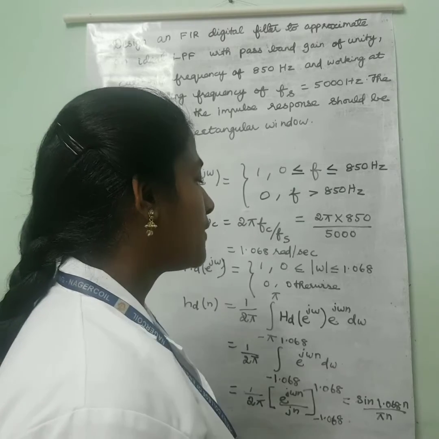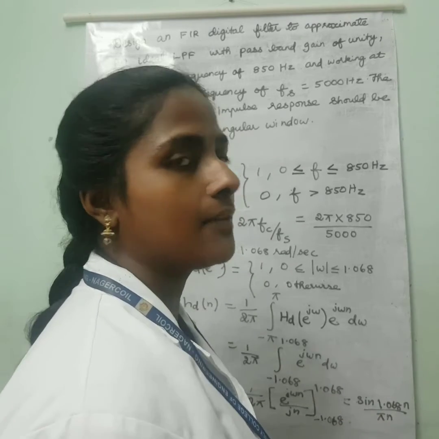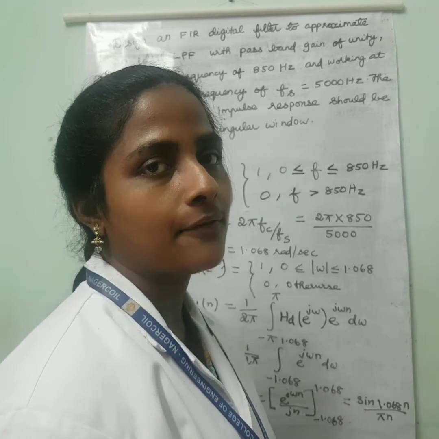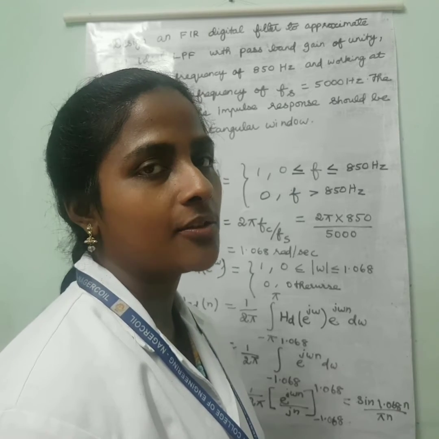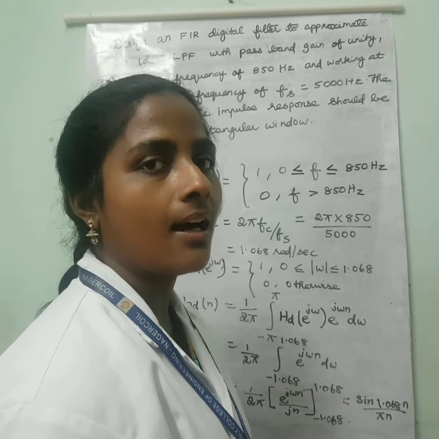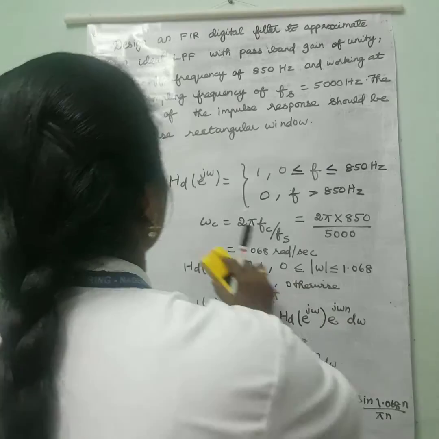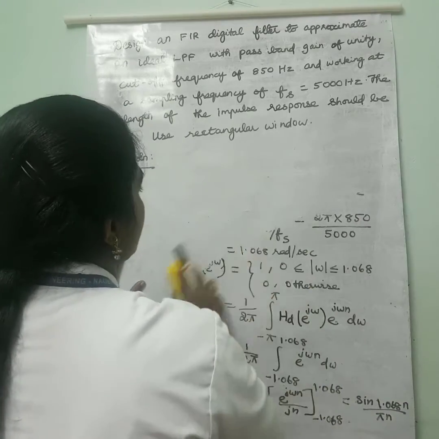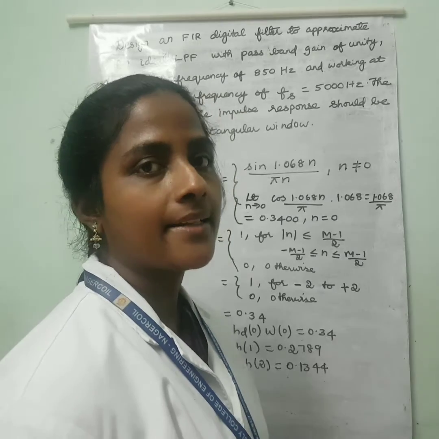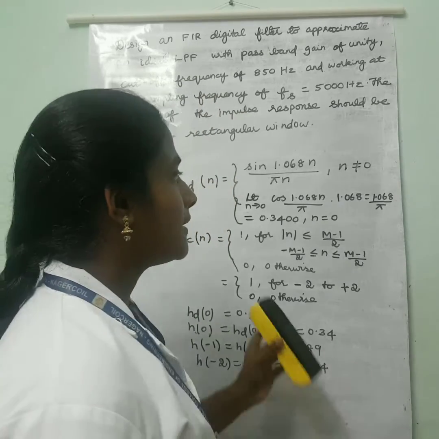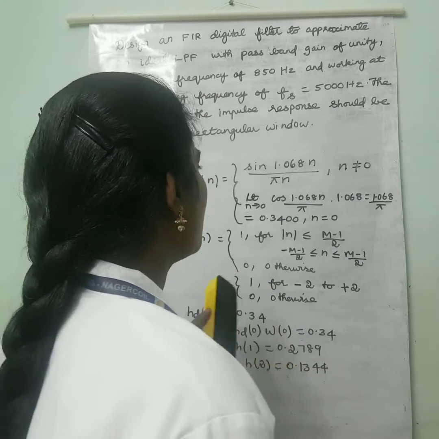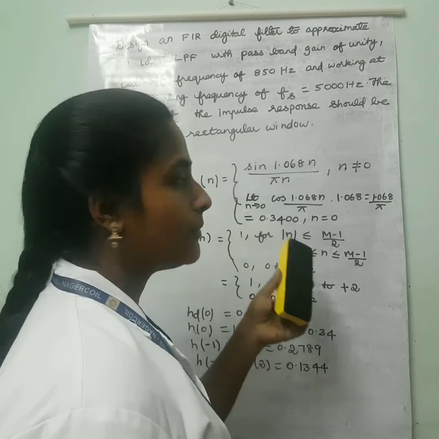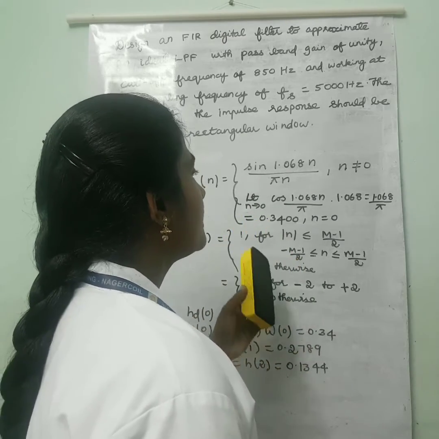Now when you put n equal to 0, you will get an indeterminate form. So for n equal to 0, we have to use L'Hospital rule, that is, differentiate the numerator and denominator with respect to n.